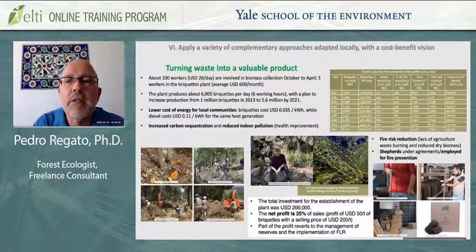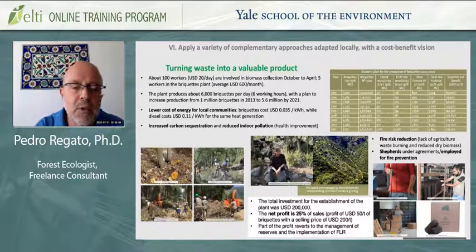Another activity with a cost-benefit vision was related to turning waste into a valuable product. This was a major intervention in this forest landscape restoration project. Why? Because dry biomass from agriculture and from forest are the main cause of forest fires in the region.